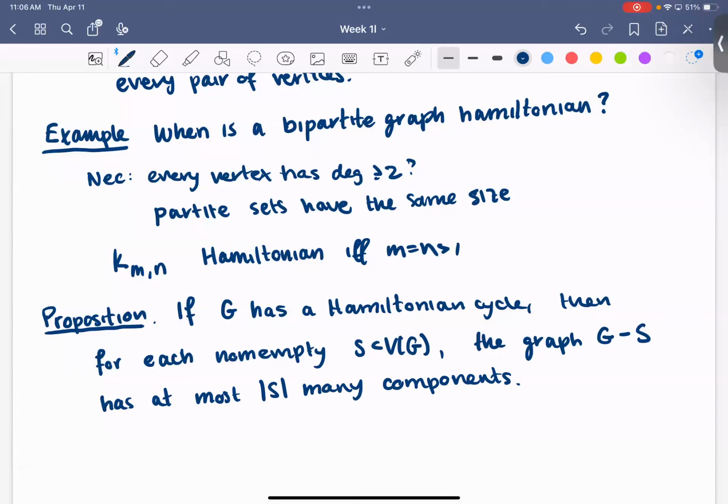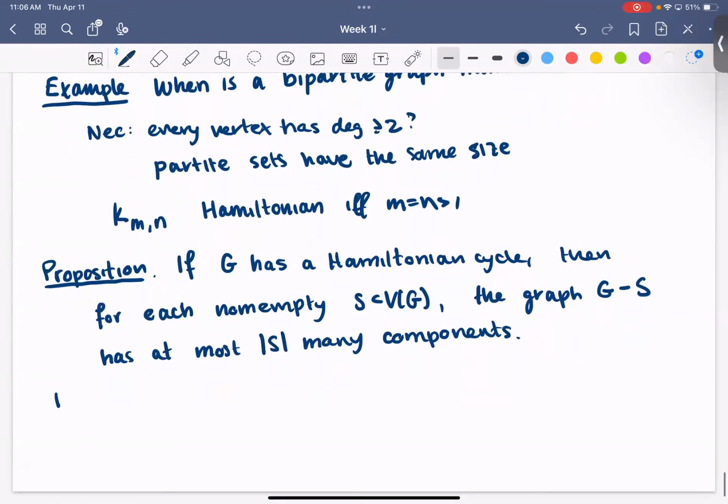This is similar in flavor to Hall's condition and all of that. So let's see the proof of this. Let's think about our Hamiltonian cycle.